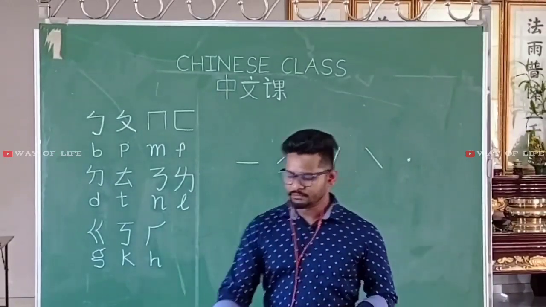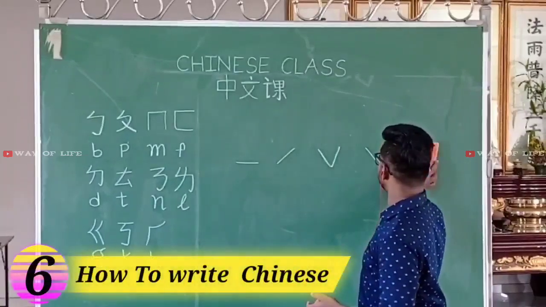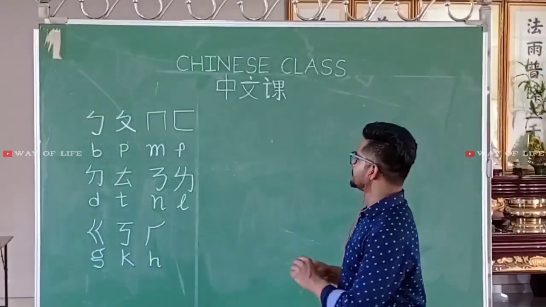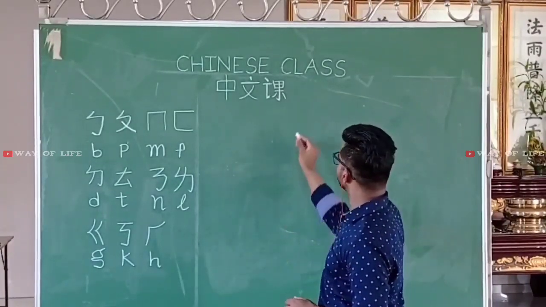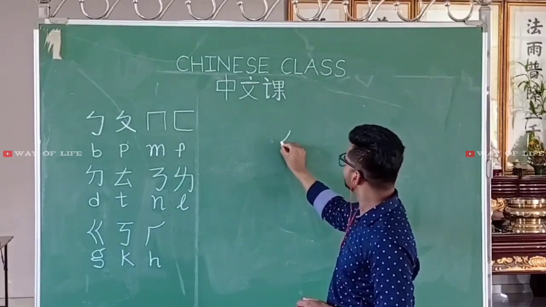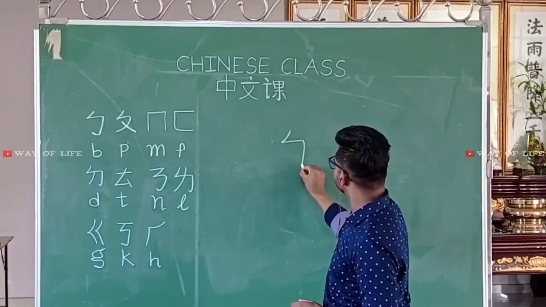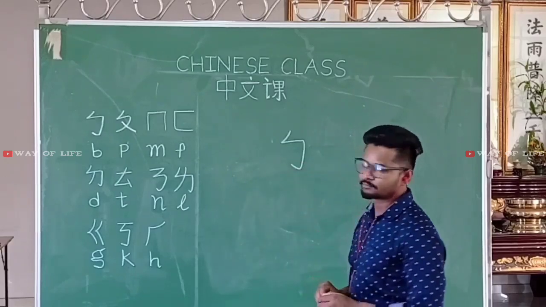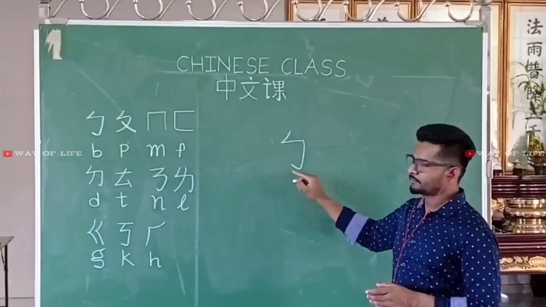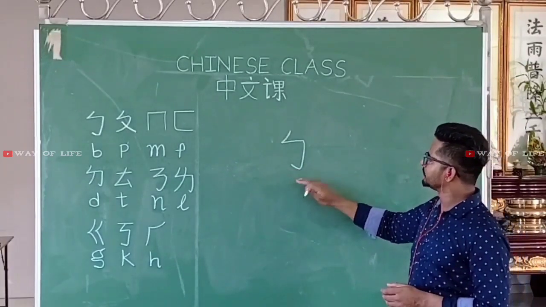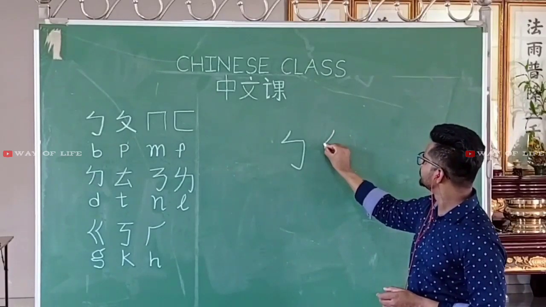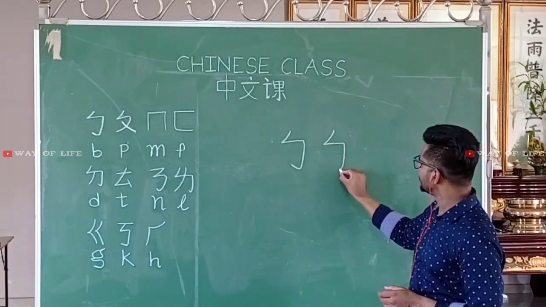Okay. Now I am going to tell you how we can write these 11 alphabets. Pay attention. The first one, P, can be written like this: 1, 2, 3, like this. You may write it down in your notes. Okay, this is how to write it. One more time: 1, 2, 3, 4.